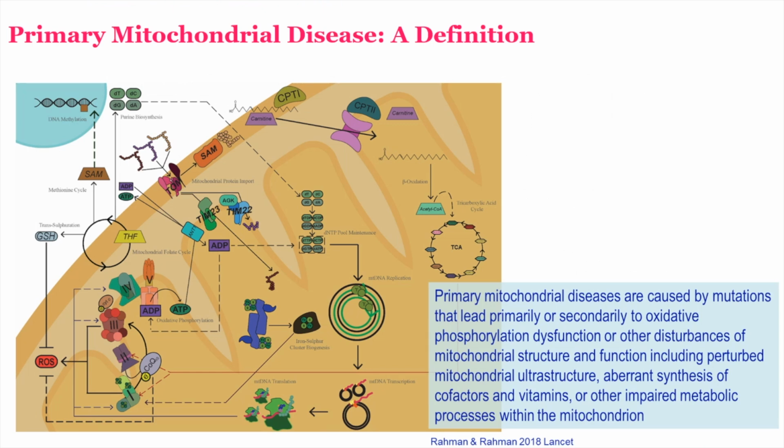So first, a definition. When we talk about MT-ARS genes, these are within a larger family of disorders known as primary mitochondrial disease. So what do we mean by that?